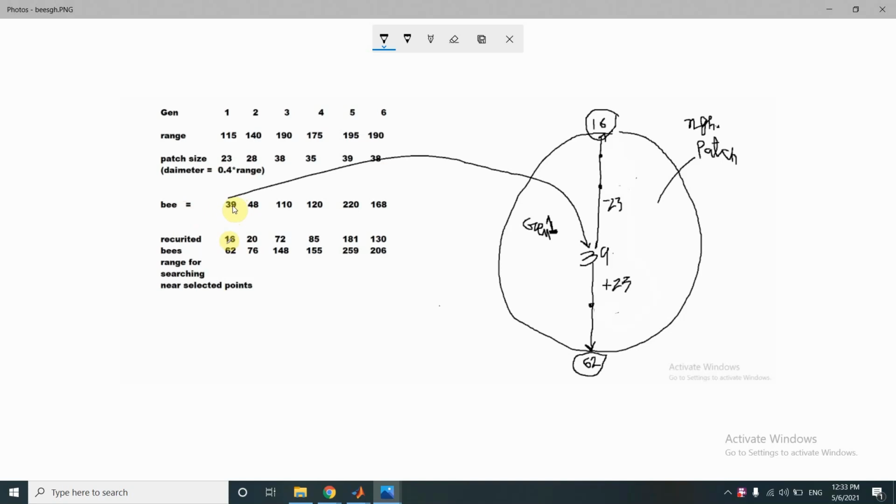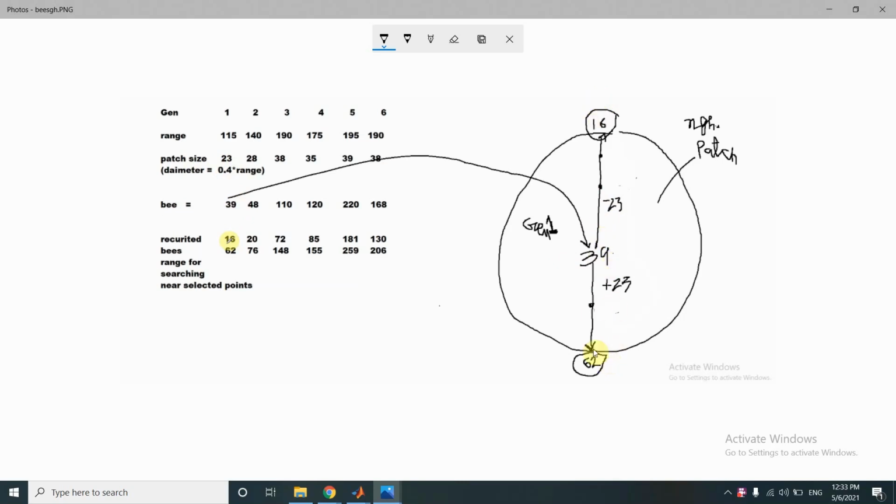So for dimension 1, this is the position of the bee, 39. Since the patch radius is 23, we subtract 23 from 39 and add 23 to 39. By subtracting 23, we get 16. By adding 23, we get 62.